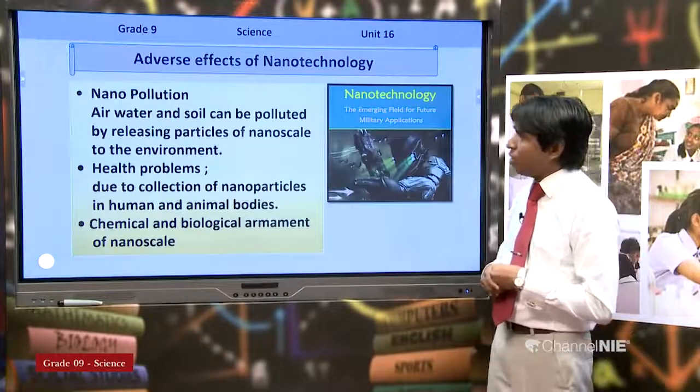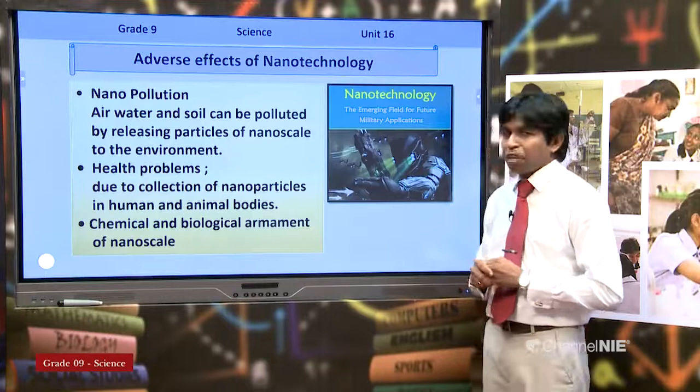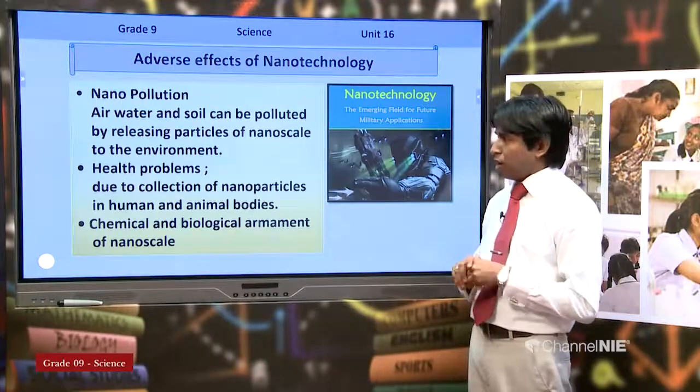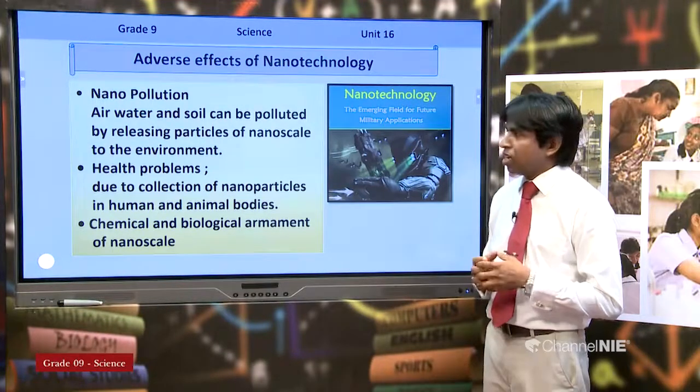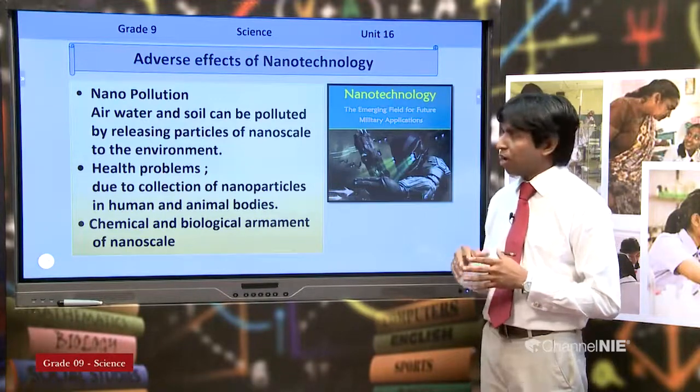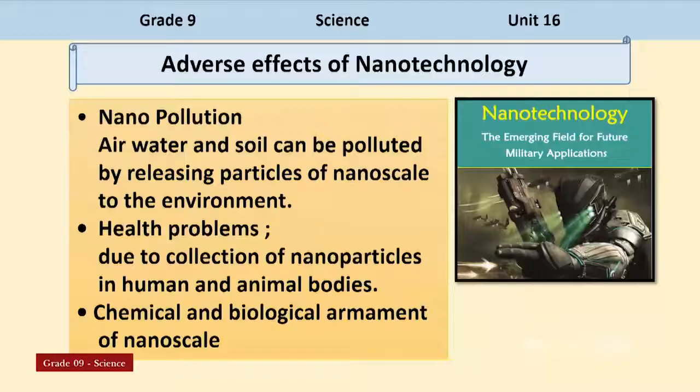So, let us see the adverse effects of nanotechnology. Like any other technology, nanotechnology also has some disadvantages. For example, nano pollution. Nano pollution means nanoscale material released to the environment can pollute air and water, and can even enter our body and cause various complications or diseases.